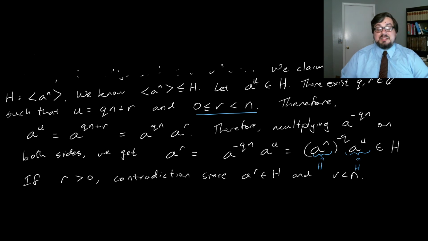And n had to be the minimum positive integer that made that happen. So therefore, r is equal to 0.